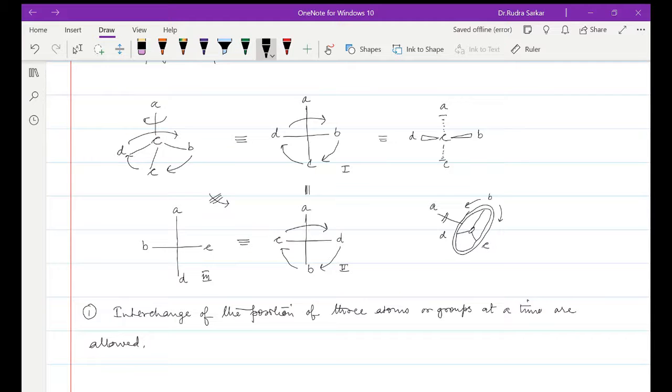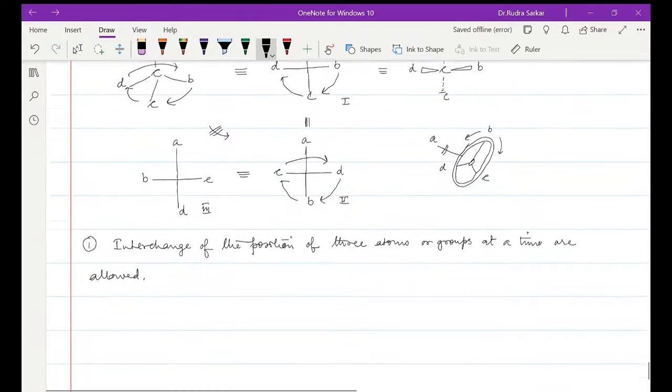But in a clockwise rotation, B will always be followed by C, and C will be followed by D. And in the anti-clockwise direction, B will be followed by D, and D will be followed by C. Okay, so that is what will happen.